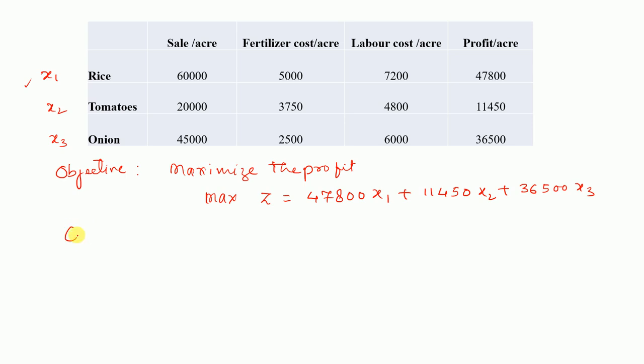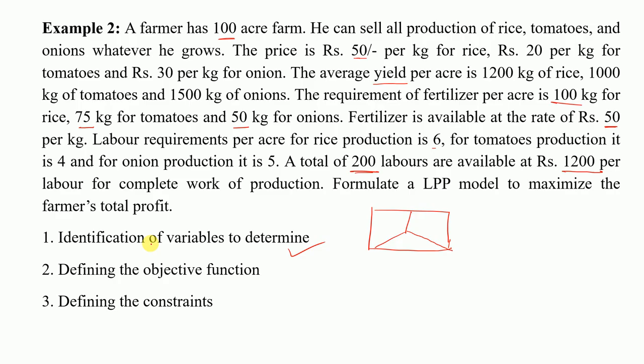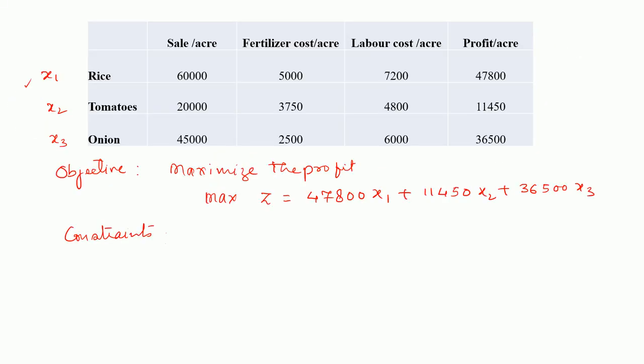Now what are the constraints? Look at this. The farmer has a 100-acre farm. It means whatever you have allocated, x1, x2 and x3, this sum, the area, must be less than or equal to 100.